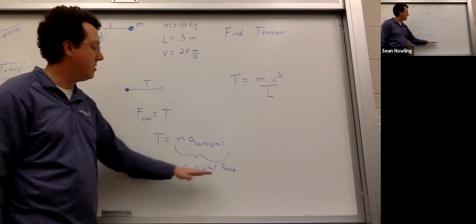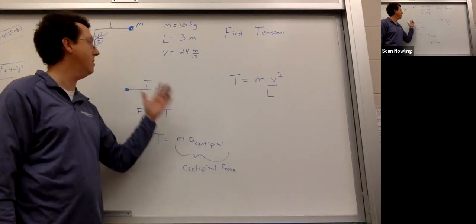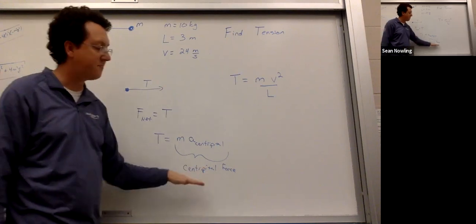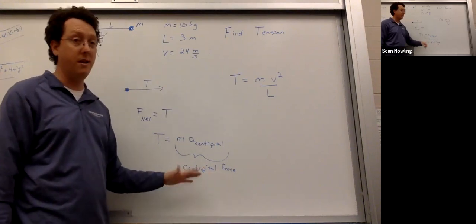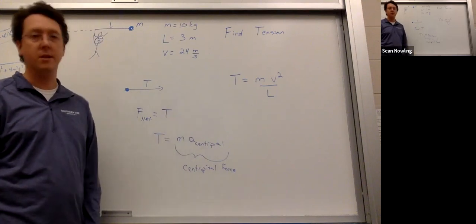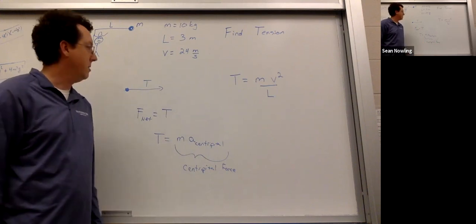Centripetal force is not a real force. It's the name given to the net force for circular motion. I usually try to not say that. I just say mass times acceleration and stick to centripetal acceleration, because I think students are less likely to be led astray.